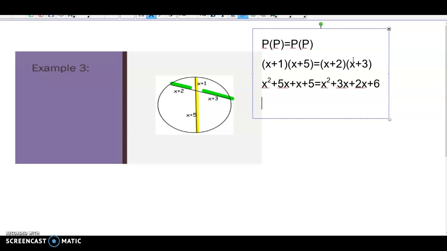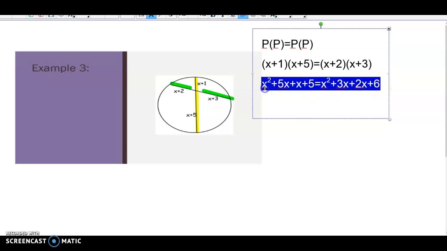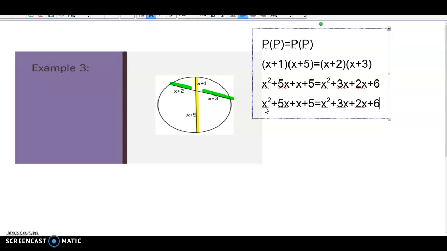Now we can clean this up a little bit by combining like terms. I can see that 5x plus x is really just 6x, and I can see that 3x plus 2x is just 5x. The first thing I'm going to do is subtract x squared from both sides, and when I do that, they go away because x squared minus x squared is 0.